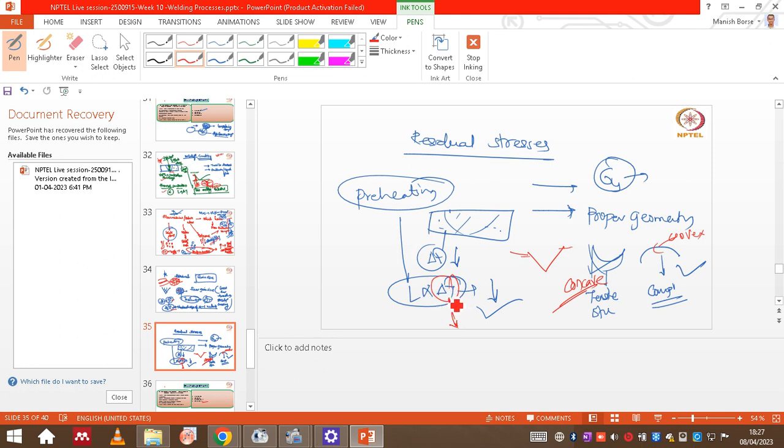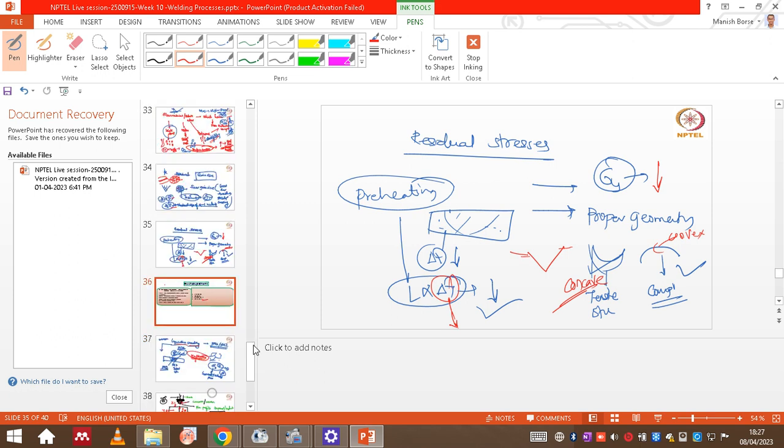To reduce the temperature gradient, definitely we should go with preheating, right? And in another way, if sigma y is decreasing, the residual stress amount will be decreasing, right? So these are the other different factors which actually prevent the solidification cracking.